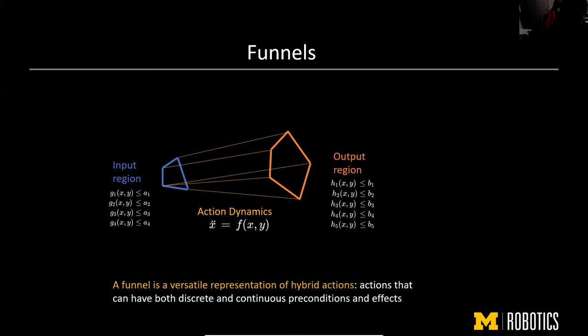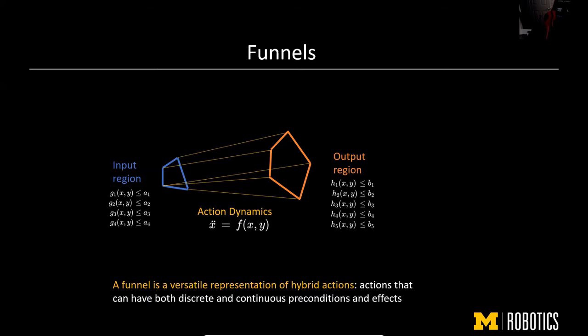This results in a funnel shape, and that's why we call it a funnel. The funnel is a versatile representation of hybrid actions, and hybrid actions are actions that can have both discrete and continuous preconditions and effects.